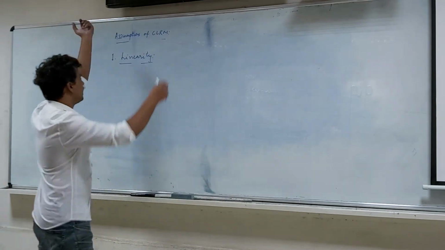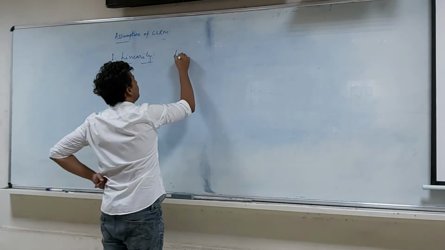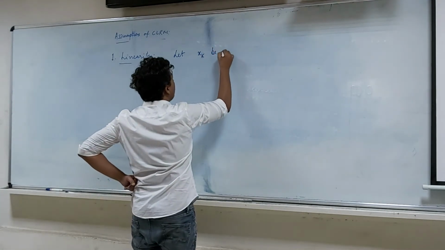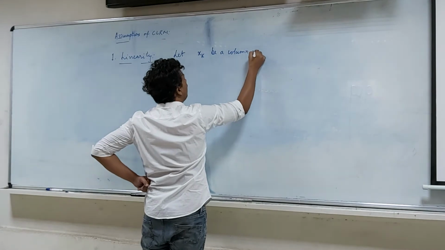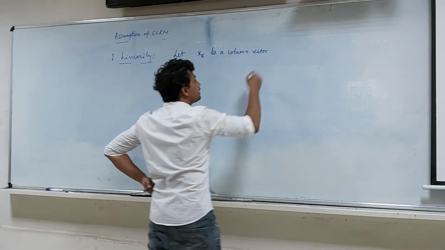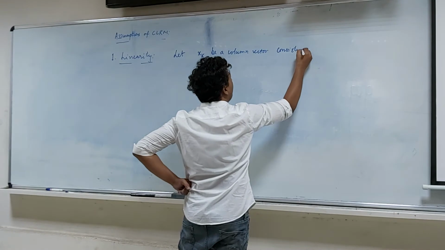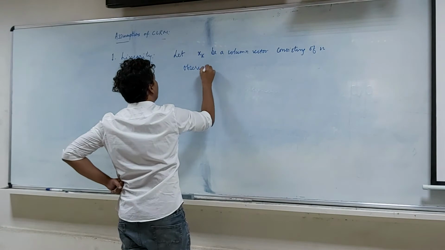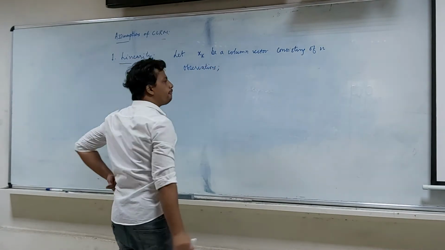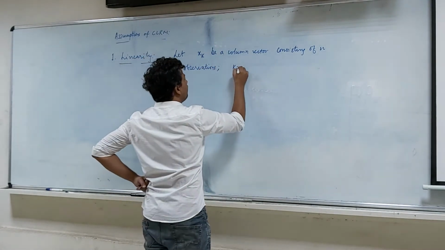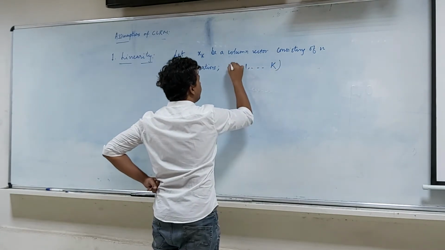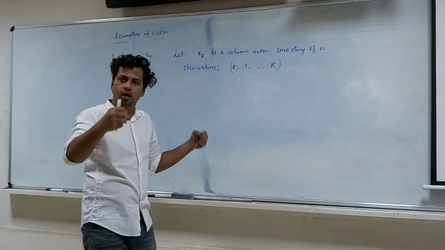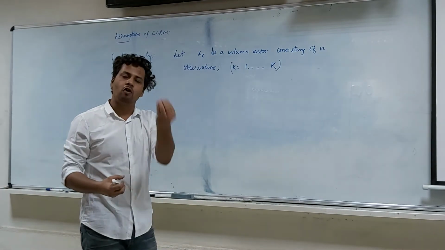So let us understand this. Let small xk be a column vector consisting of n observations, where k goes from 1 to capital K. You must understand I am talking about K such explanatory variables, K such columns, each consisting of n observations.